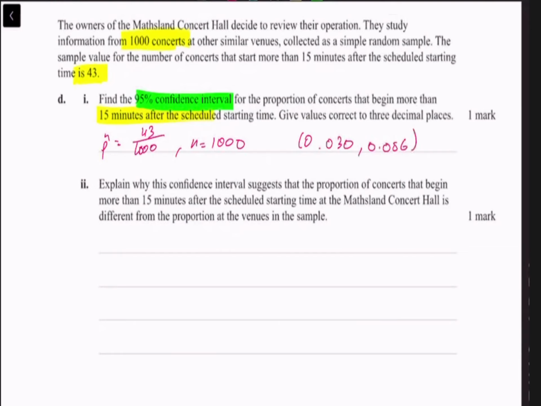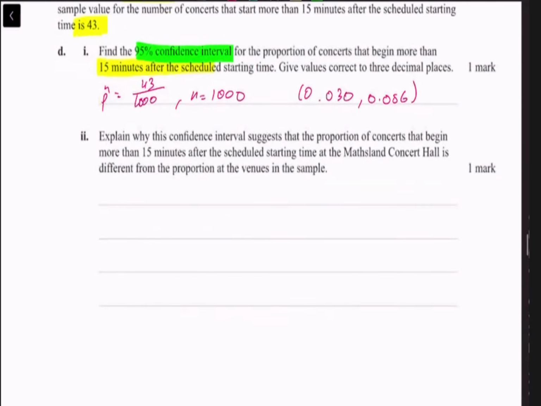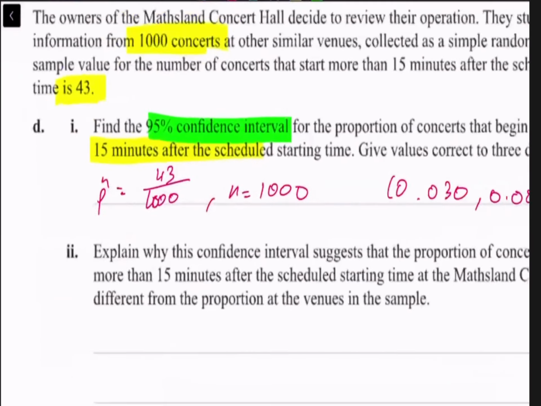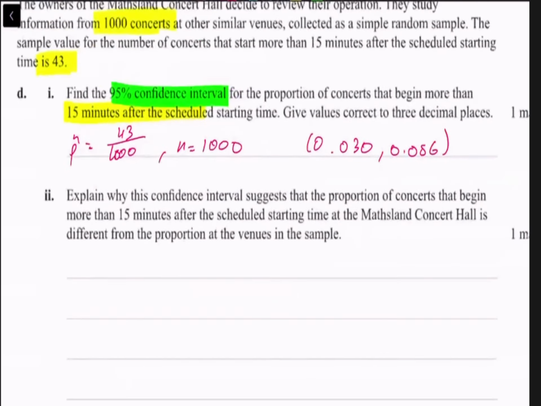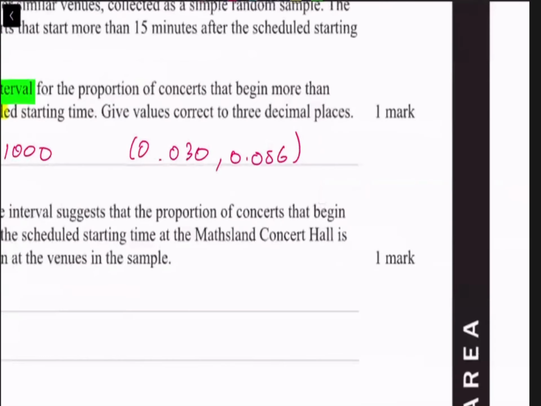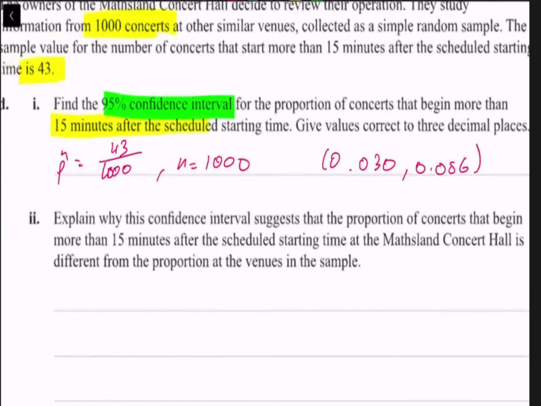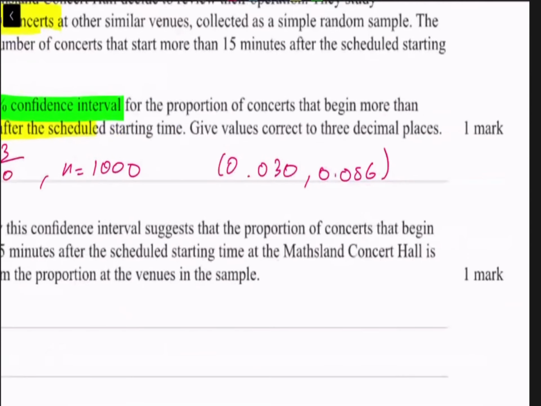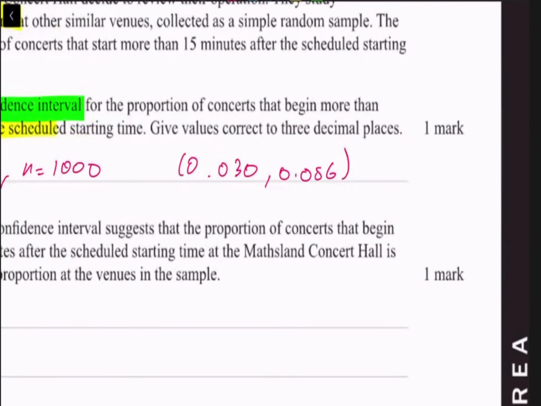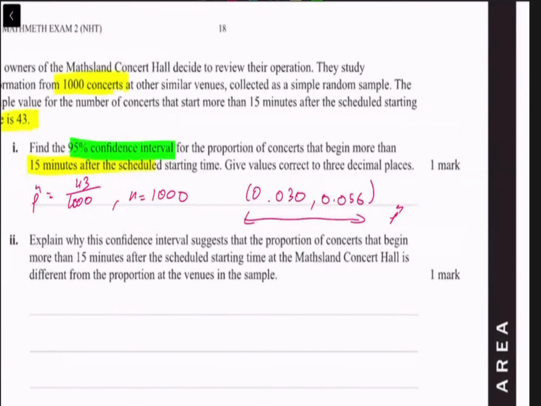0.056. So explain why this confidence interval suggests that the proportion of concerts at Maxima concert hall is different from the proportion in the sample. What the 95% confidence interval is saying is that you can be 95% confident that the proportion for all concert venues will be between these two values.